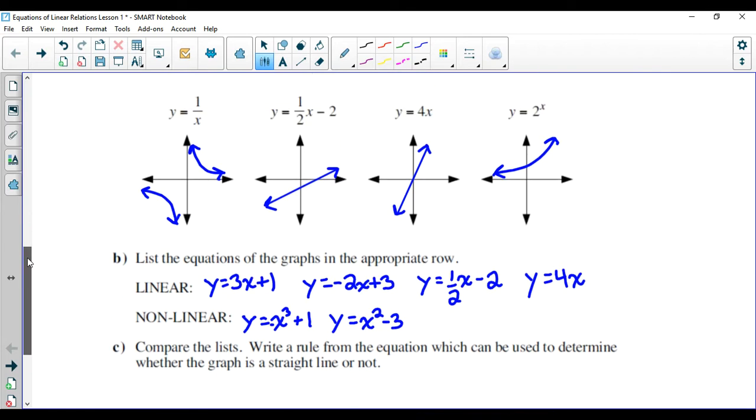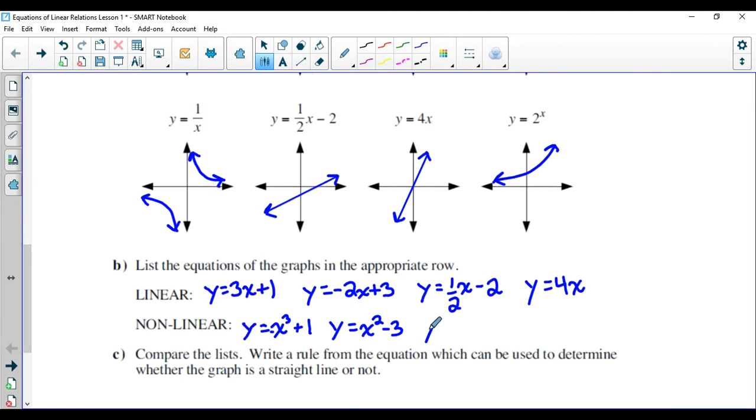You have the 5th graph, y equals 1 over x. Or you could write this, because if you have an inverse of a variable, you could write that as y equals x to the negative 1. And we also have y equals 2 to the power of x.